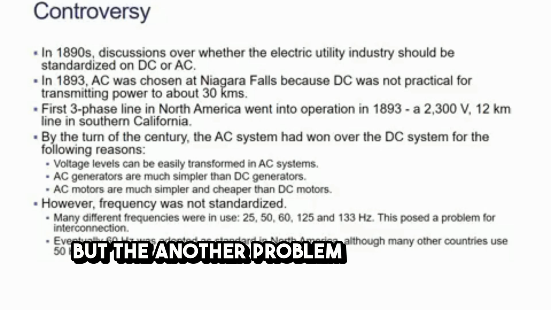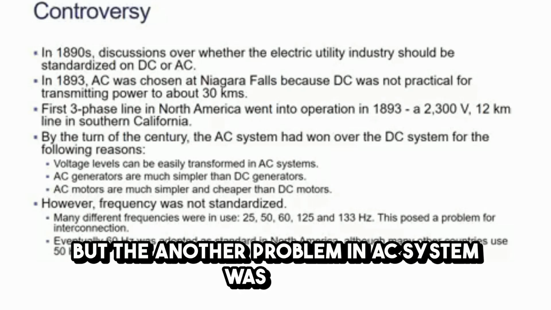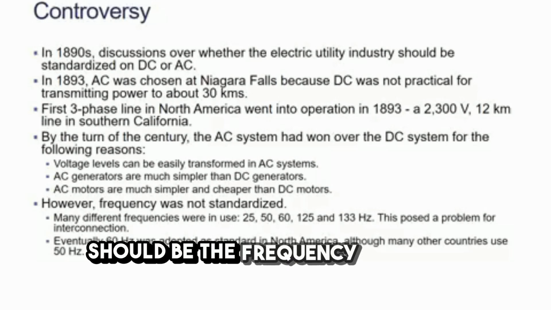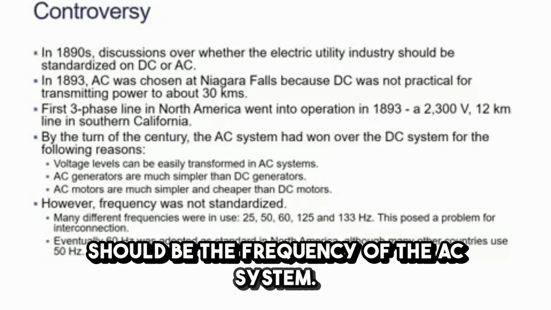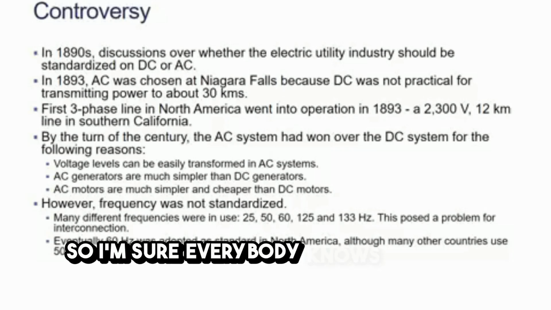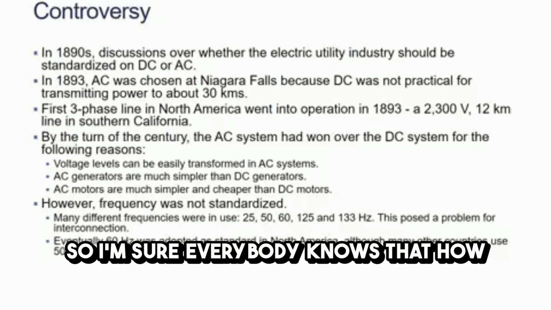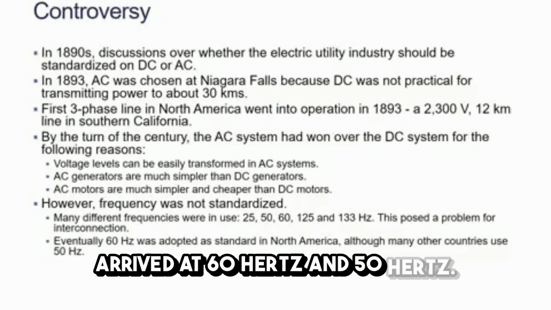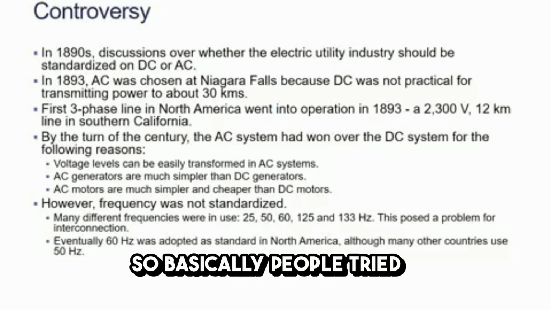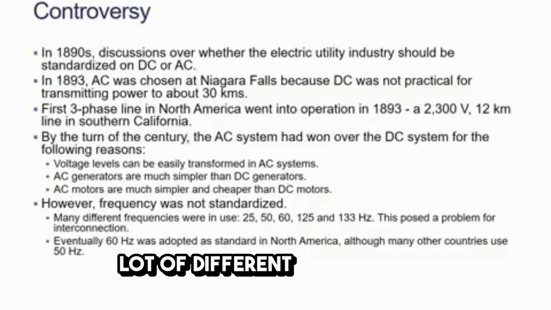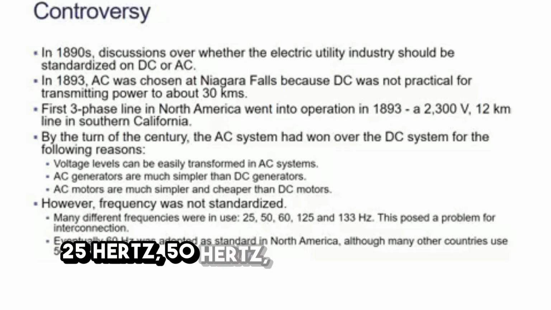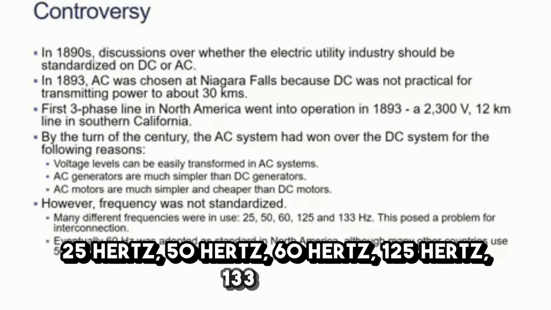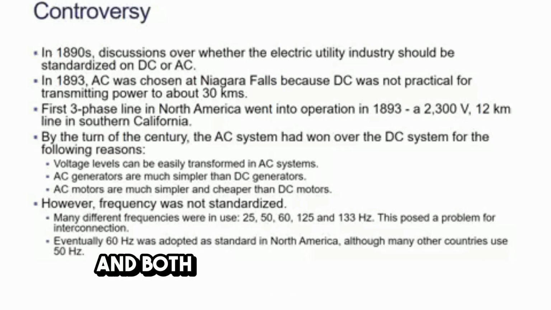But another problem in the AC system was what should be the frequency of the AC system. I'm sure everybody knows how we arrived at 60 hertz and 50 hertz. Basically, people tried a lot of different frequencies: 25 hertz, 50 hertz, 60 hertz, 125 hertz, 133 hertz, and these frequencies have different impacts on the appliances.